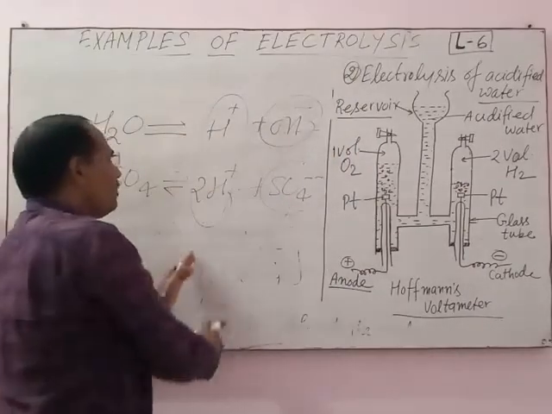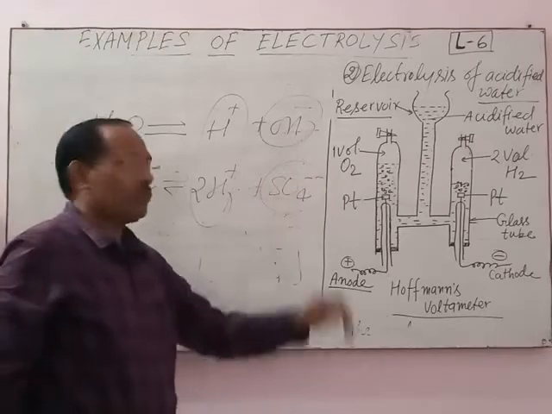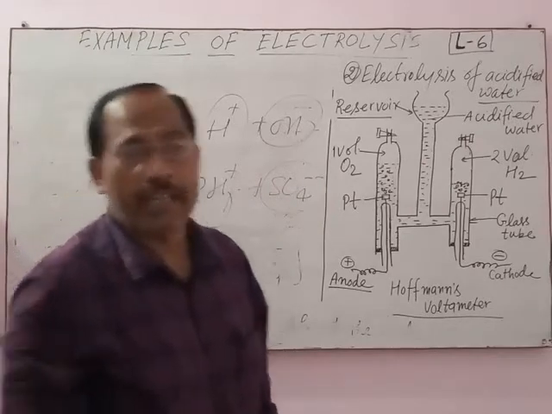Now, hydrogen ion migrates towards the cathode because it is a cation.